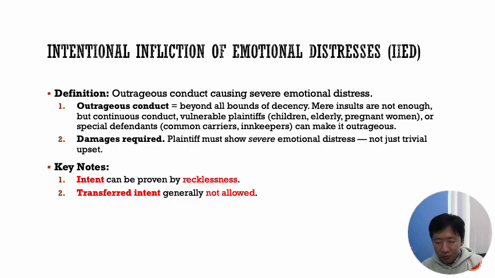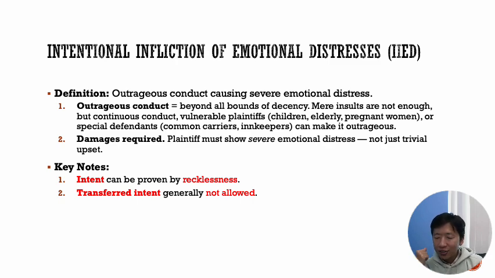And also, very interesting side, transferred intent is generally not allowed. For example, A has done some outrageous conduct and insult to B. Let's just say B is a child and A is an adult. But the child's mom has seen everything.